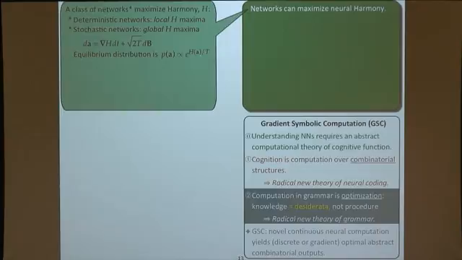It's the exponential of the harmony of a state that determines how likely that state is. So higher harmony states are more likely. And there's a randomness parameter, because this is a stochastic system, T, the temperature, that scales the effect on probability that different harmony values have.